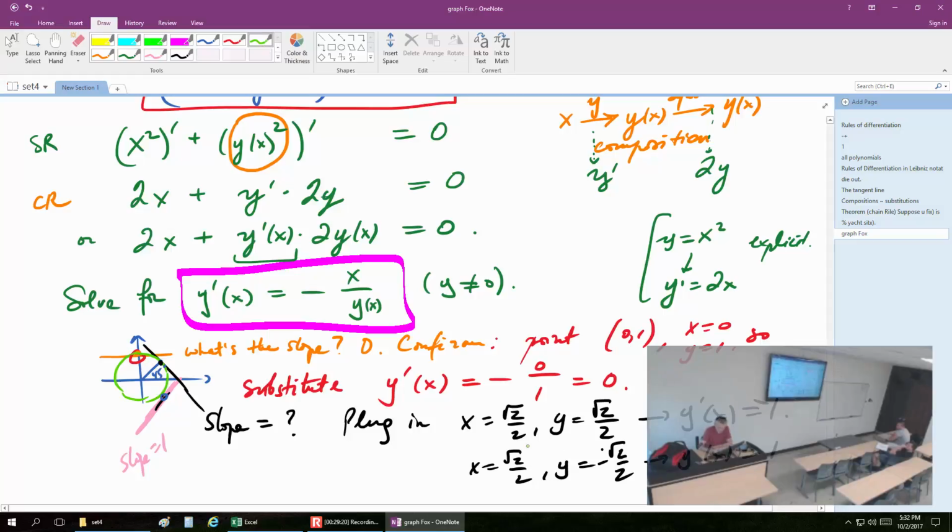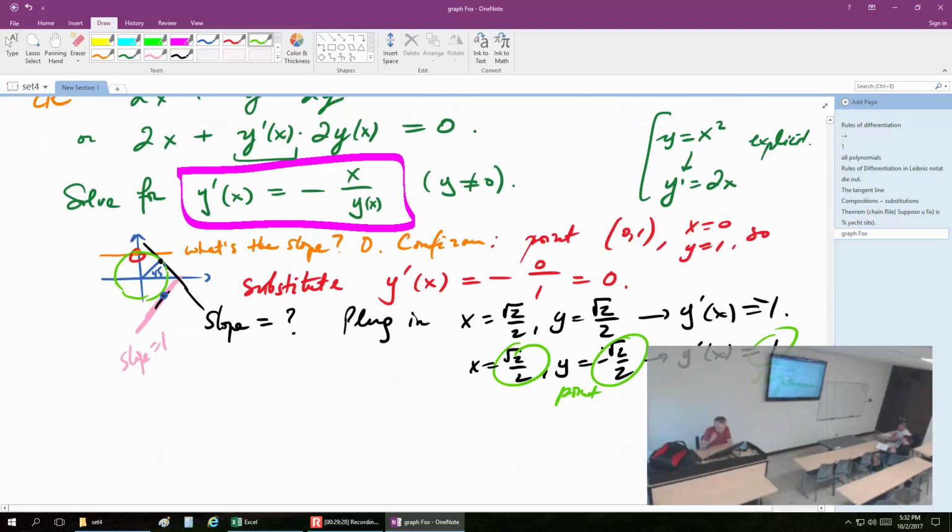This is the point slope. If we have point and slope, we can write the equation. So give me the equation of the pink one by point slope formula. The value of x at that location is square root of 2 over 2.